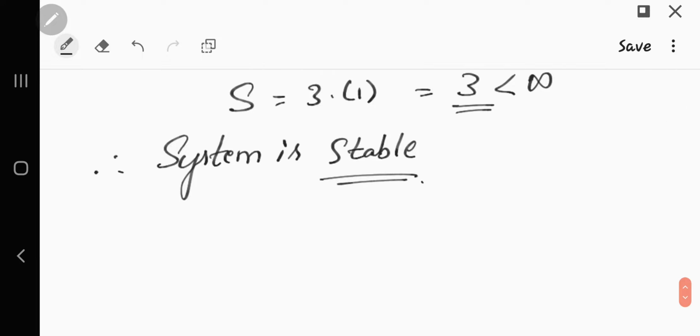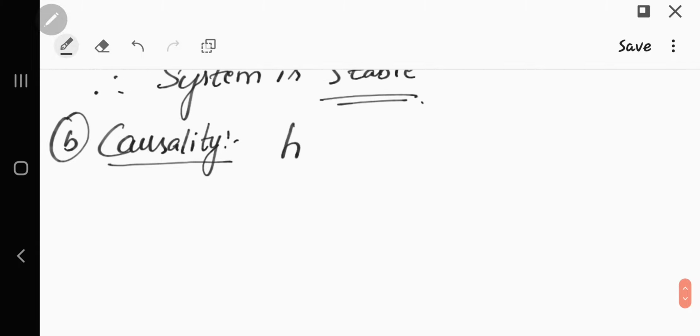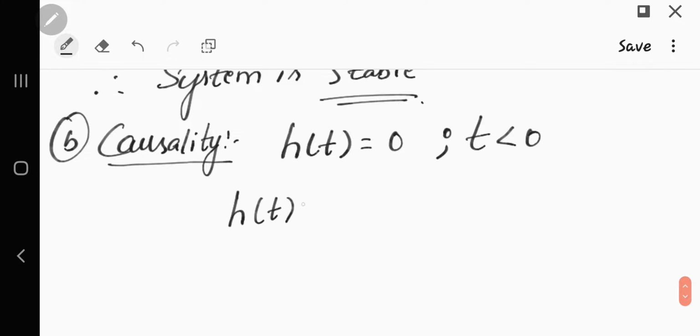Okay. So now if you go for causality, the condition for the system to be causal is h of t is equal to 0 for t less than 0. So given system h of t is equal to 3 into delta t. So put a negative value for this.